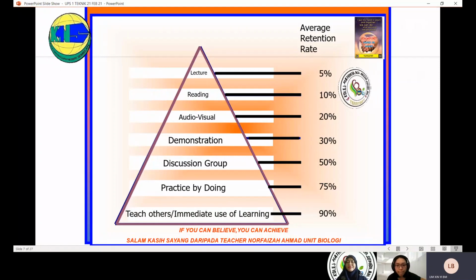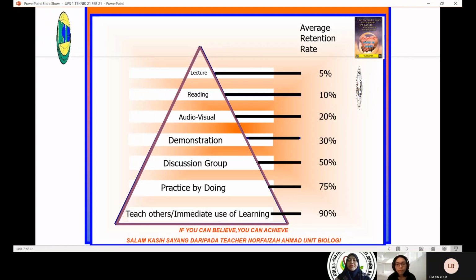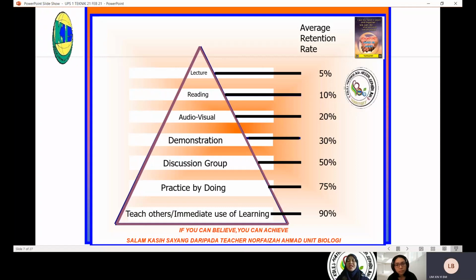Okay, thank you, Madam Lim. All the students, thank you for the very interesting start from Madam Lim. If you refer to this triangle, the percentage in order for you to gain your understanding of whatever you have learned during your lesson, the most is teach others or immediate use of learning.